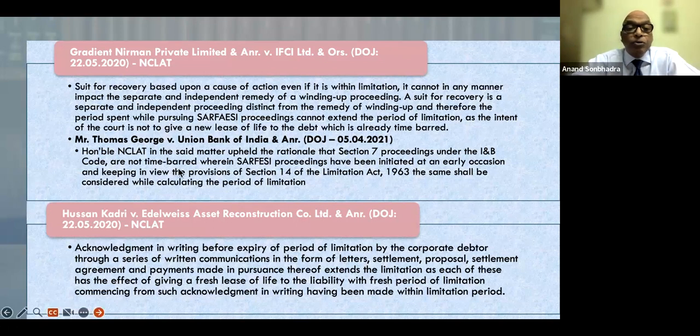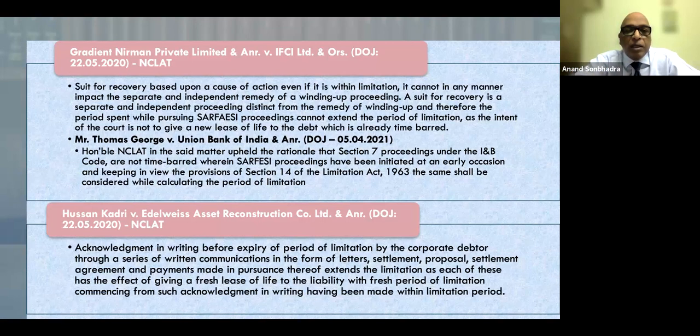Correct. Here, I'll just repeat, just to avoid confusion. The NCLAT in the said matter upheld the rationale that Section 7 proceedings under the IBC are not time barred, wherein SARFAESI proceeding has been initiated at an early occasion and keeping in view Section 14 of the Limitation Act, the same shall be considered while calculating the period of limitation.